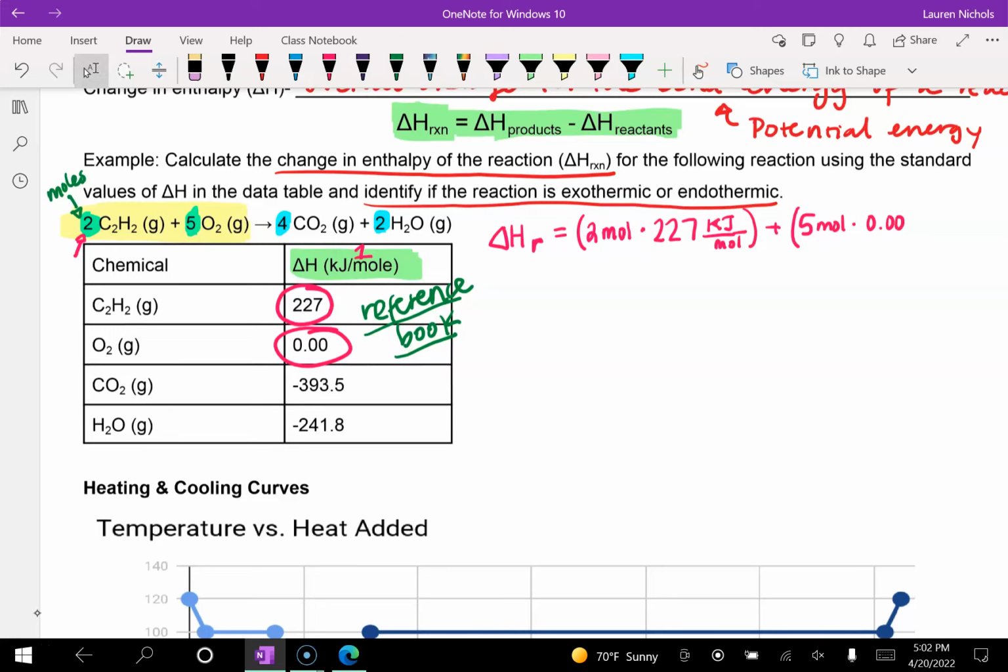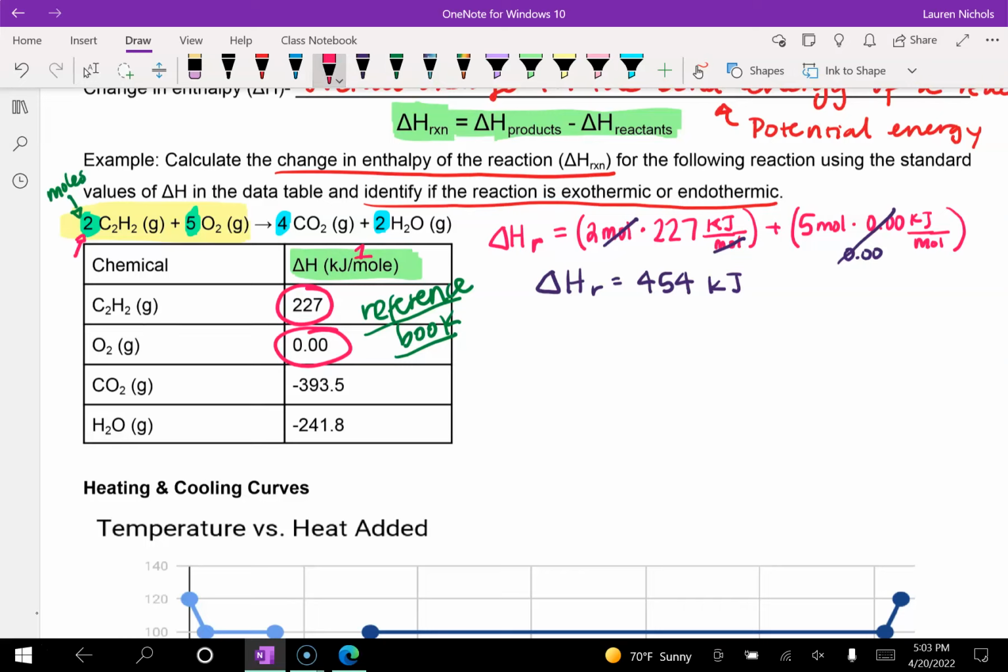So multiplying by 0 kilojoules per mole is going to make our life easy. We know that this 5 times 0 is just 0, so it disappears. On the C2H2 side, moles cancel out with moles, and this tells us that the delta H of our reactants is equal to 2 times 227, which is 454 kilojoules.